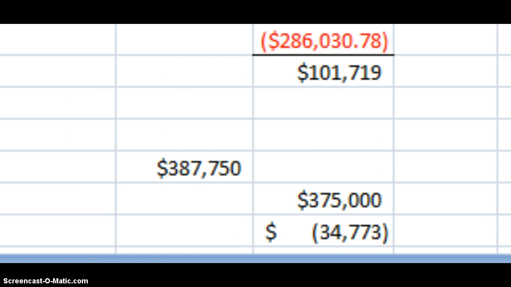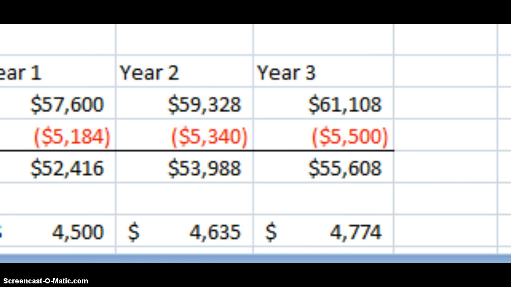21%. Okay, and really quick, I'm going to do the present value factor. So what we're going to do is we're going to do 1 divided by 1 plus the rate of return.